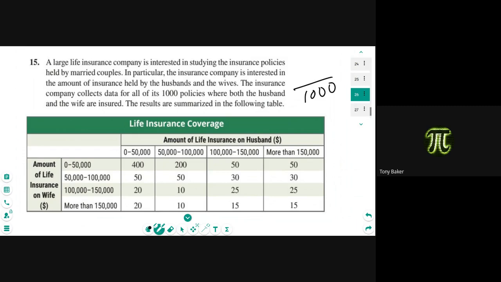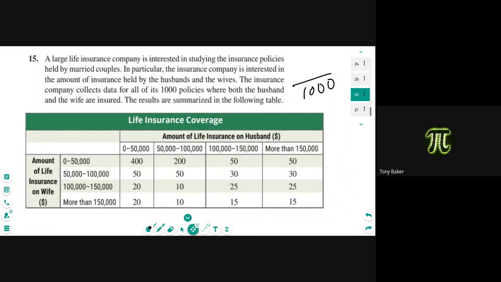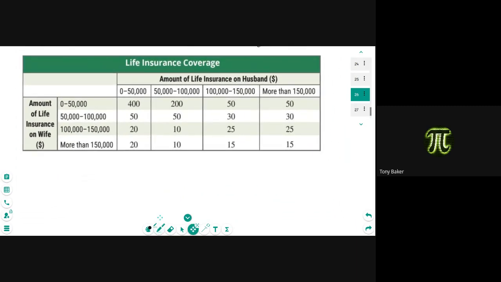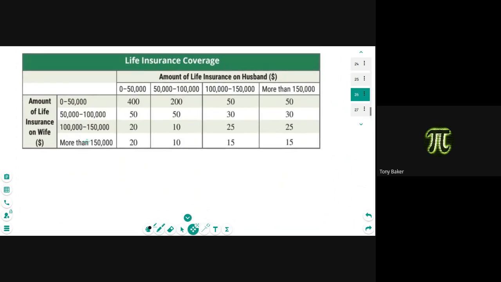What's the probability that the wife will have more than 150,000 or the husband will have more than 150,000? So we have two events, correct? Okay, so let's look at it.